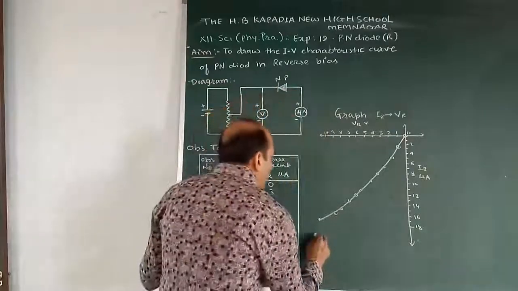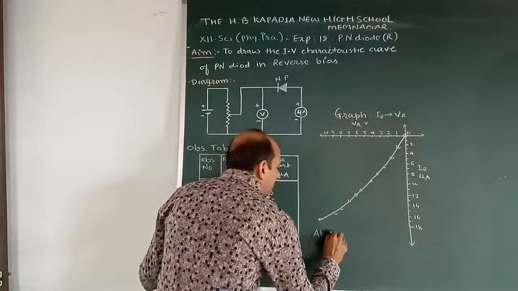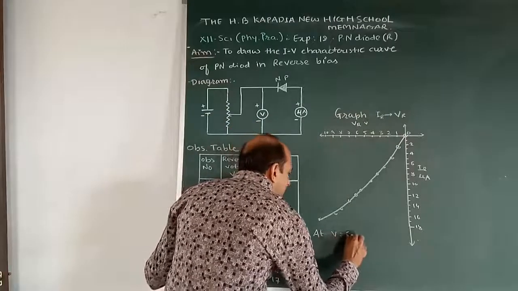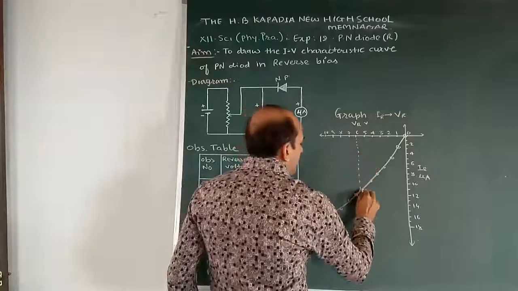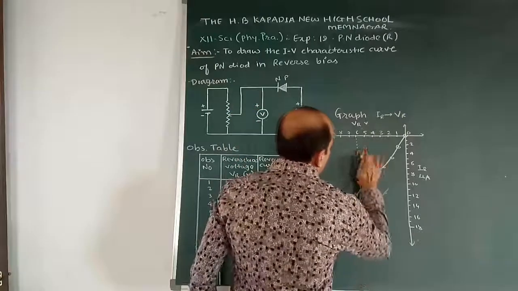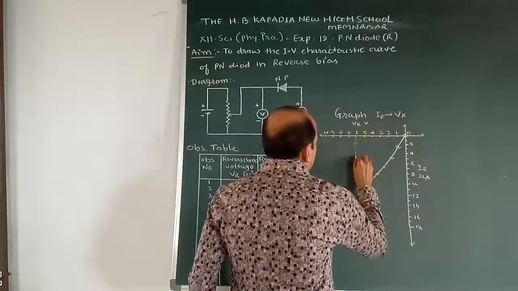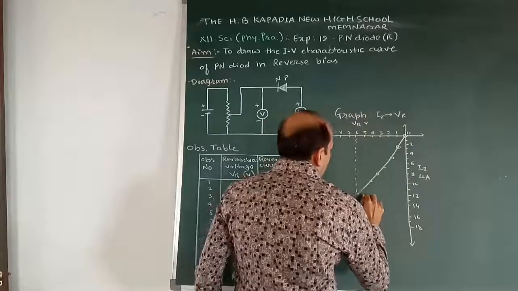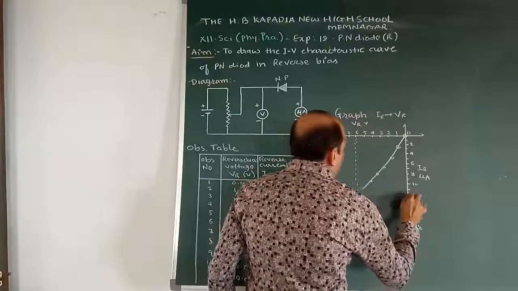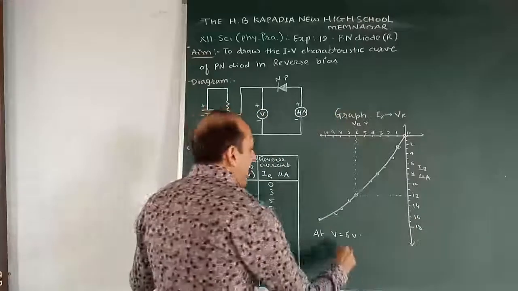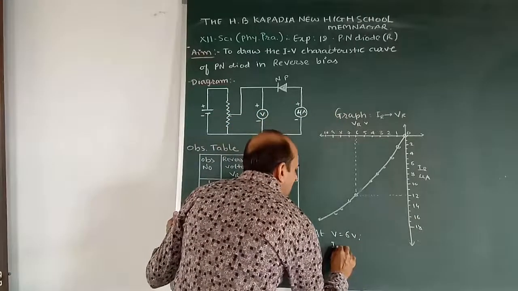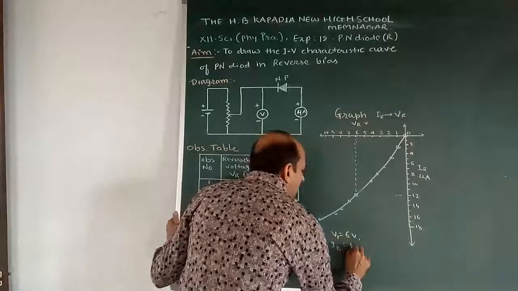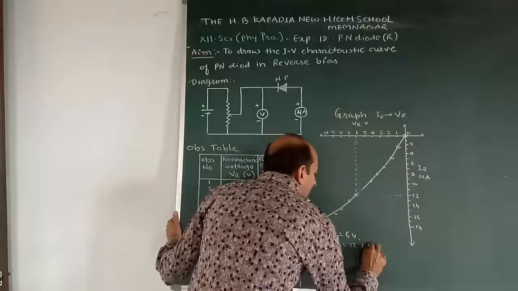So at 6 volts, when V is equal to 6, the reverse current IR is equal to 12 microampere.